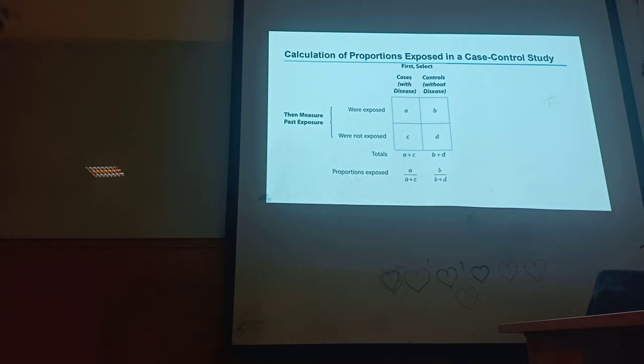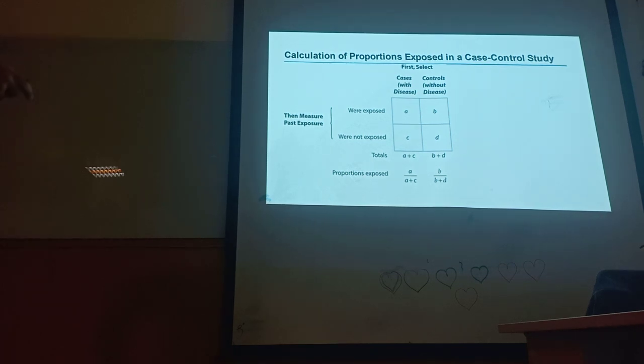So the proportion of smoking in those who are cases, for example, those who have asthma, is A over A plus C, where A plus C is all cases, for example, 100 cases, and A is the number of asthma cases who smoke, who have a history of smoking.